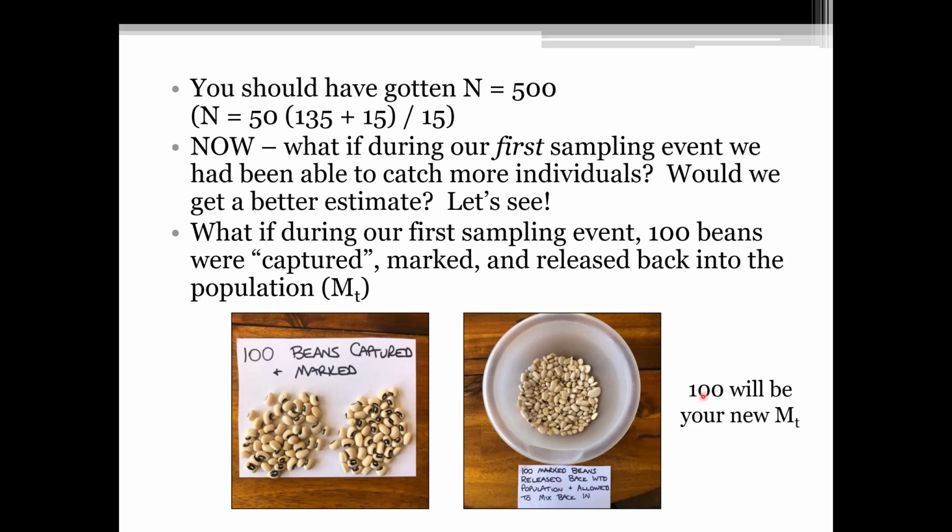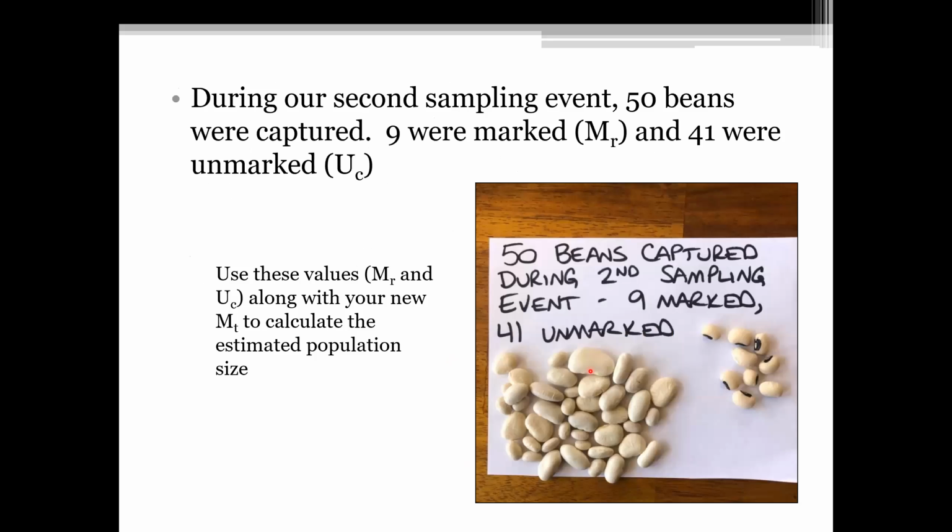So what if when we initially went out to the field, we decided to capture 100 beans. We marked all 100 beans and then tossed them back to the population, gave them some time to mingle. So we're at step 4, we're waiting a little bit. And now during our second sampling event, we go back and we get 50 beans.